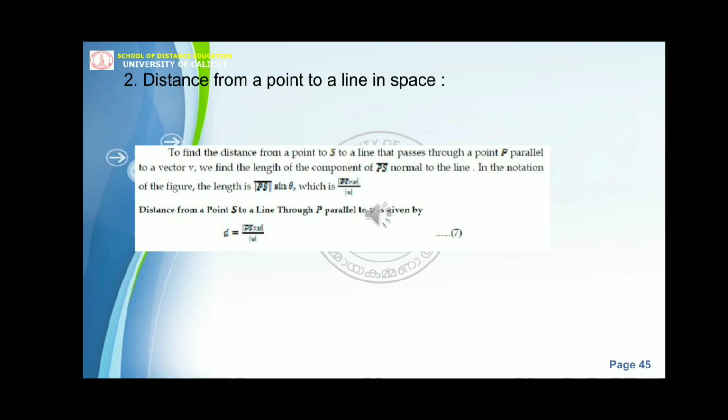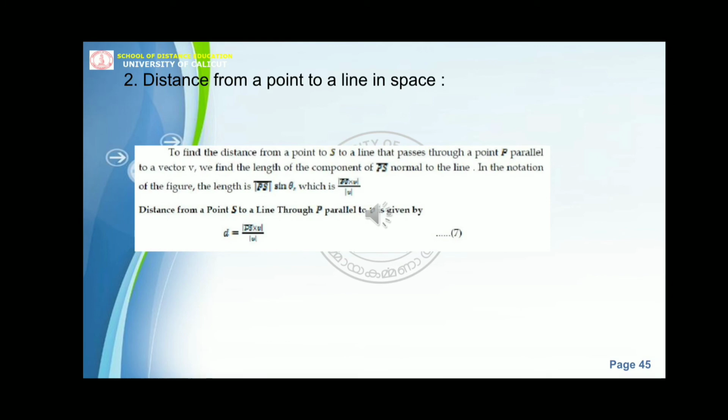We will now derive a formula for the distance of a point to a line in space. Suppose we have to find the distance of point S to the line that passes through point P and is parallel to vector v. The distance between the point S and the line will be the length of the component of vector PS normal to the line.